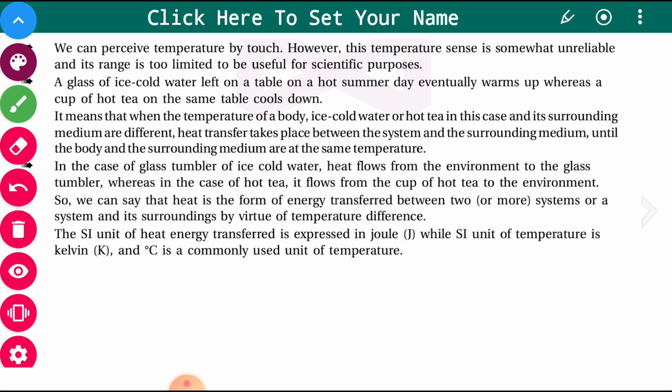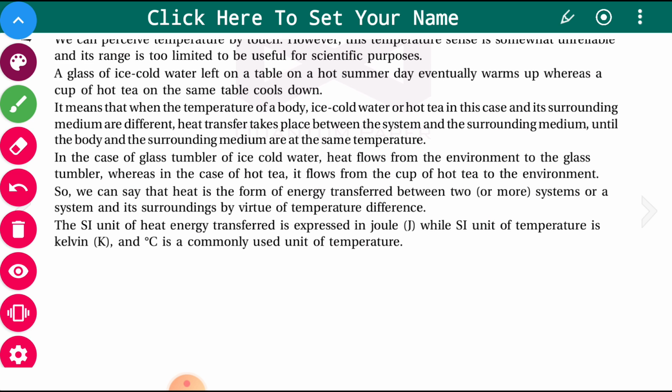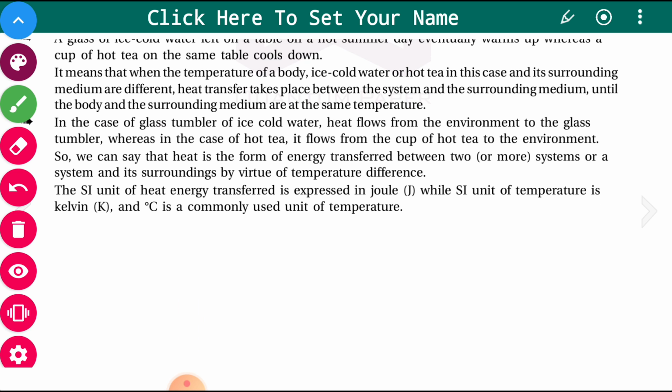It means that when the temperature of a body, ice cold water or hot tea in this case, and its surrounding medium are different, heat transfer takes place between the system and surrounding. If you keep ice cold water in summer, it will become warm.